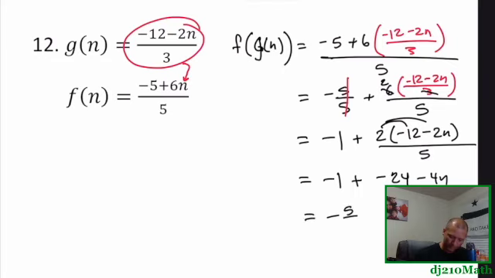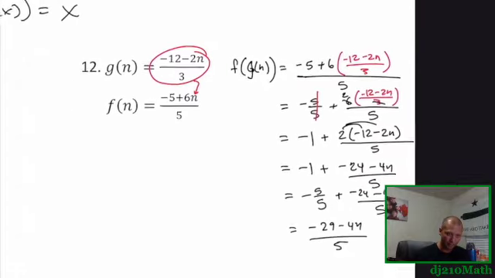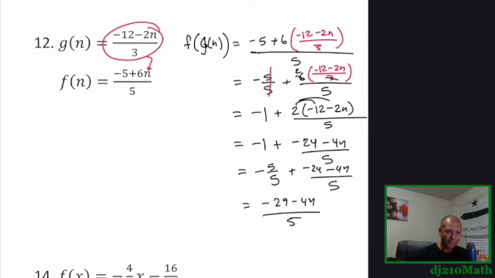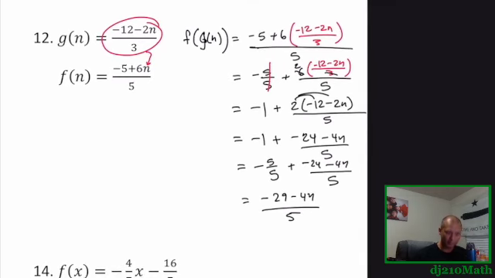If we didn't cancel the 5s, and put it back together, we would get negative 29 minus 4n over 5. And again, that's not right. Oh, it's my bad. So at the end of the day, it's not just the single variable, right? It's something other than that.